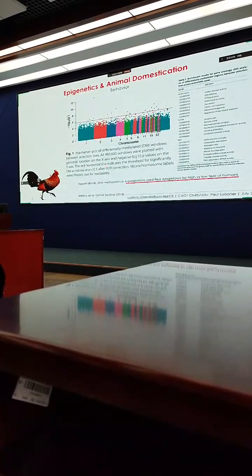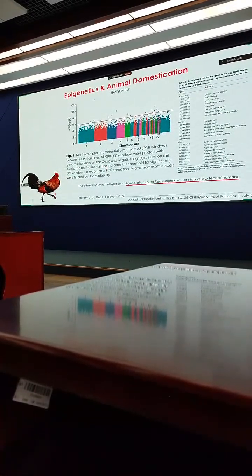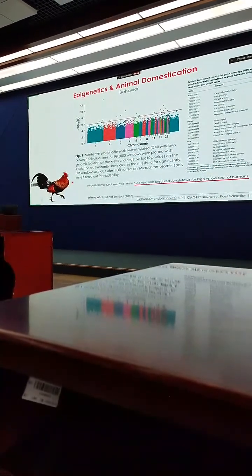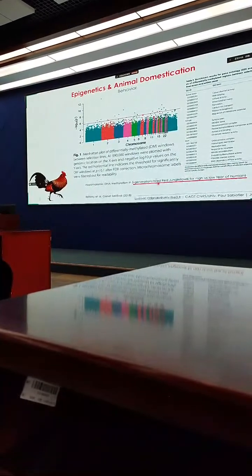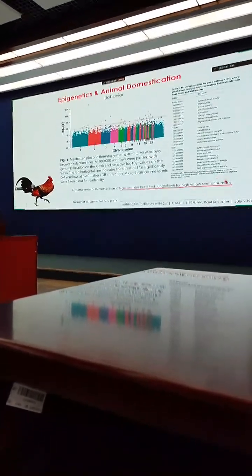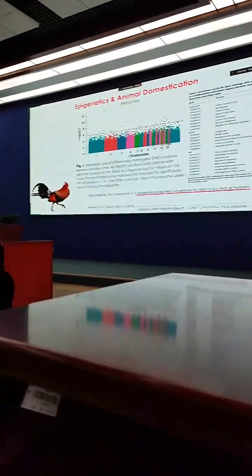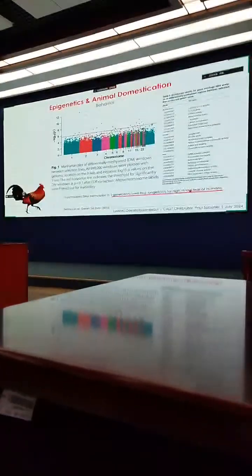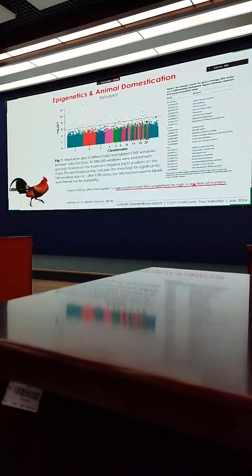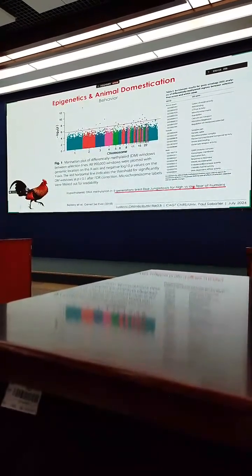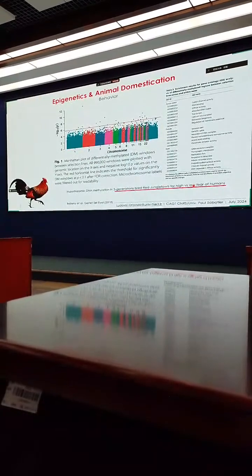Well, if you take red jungle fowl, which is the ancestor of the chicken, and you do some methylation map for some red jungle fowl that will be selected for being afraid of humans or not being afraid of humans, high fear or low fear of humans, you can select for that trait. So you do that for 5 generations. You select the red jungle fowl for you are afraid of me or not.